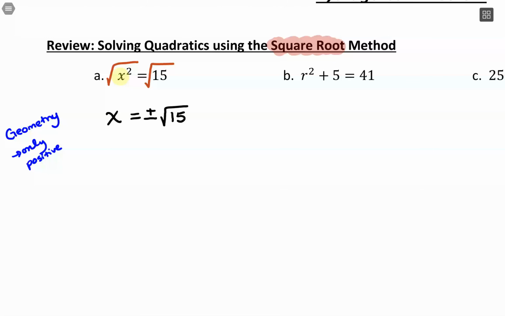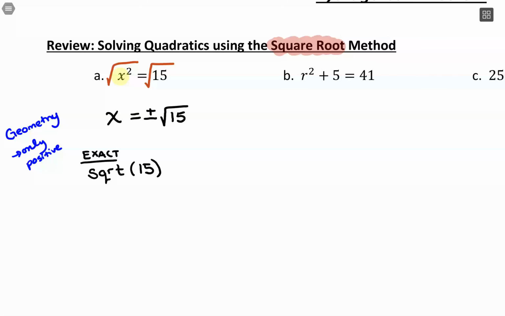If you're trying to plug this in as a solution, what can work for typing in an answer, in a lot of formatting like Microsoft Excel and MyOpenMath, is if you type in SQRT, that'll represent the square root of 15, and that would be an exact solution.